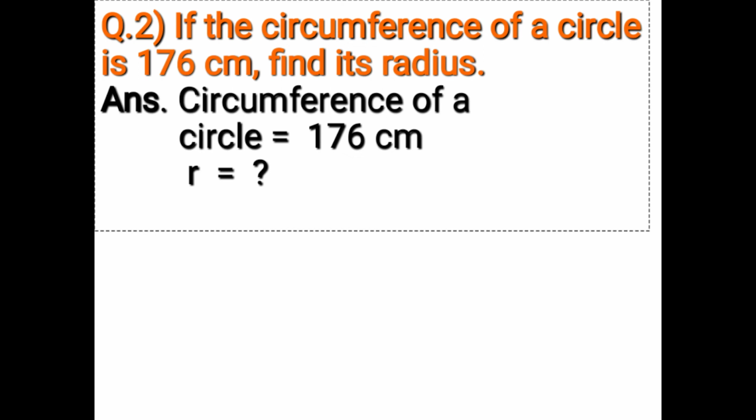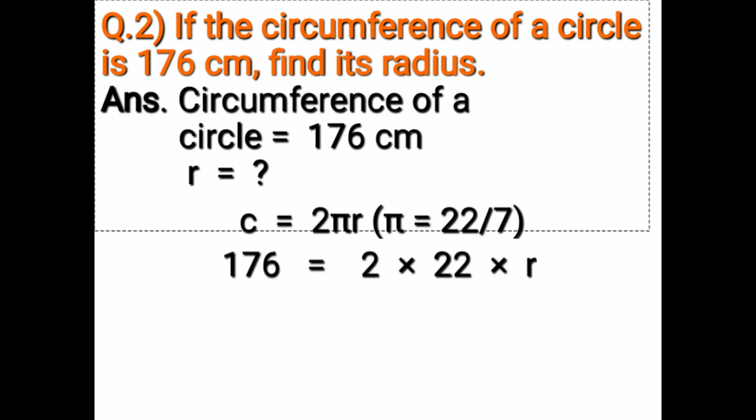So use the circumference formula: circumference is equal to 2 pi r. The value of pi will be 22/7. Always substitute the value of pi as 22/7 and write it in multiplication form. In place of circumference, write the given number. The radius you have to find.